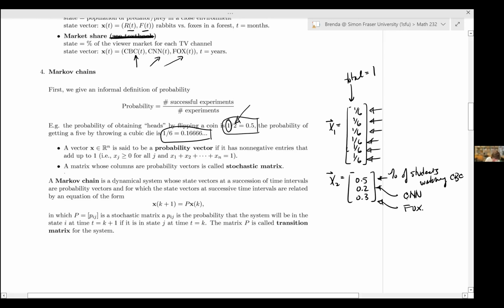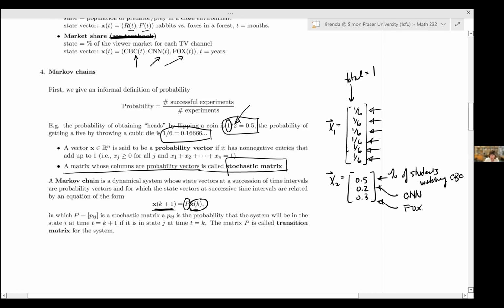If we make a matrix whose columns are probability vectors, we call that a stochastic matrix. I like that word. If we have a dynamical system whose state vectors change only based on what the state vector was at the time immediately beforehand, then the state the vector is in at time k+1 depends only on where it was 1 unit before, at time k.